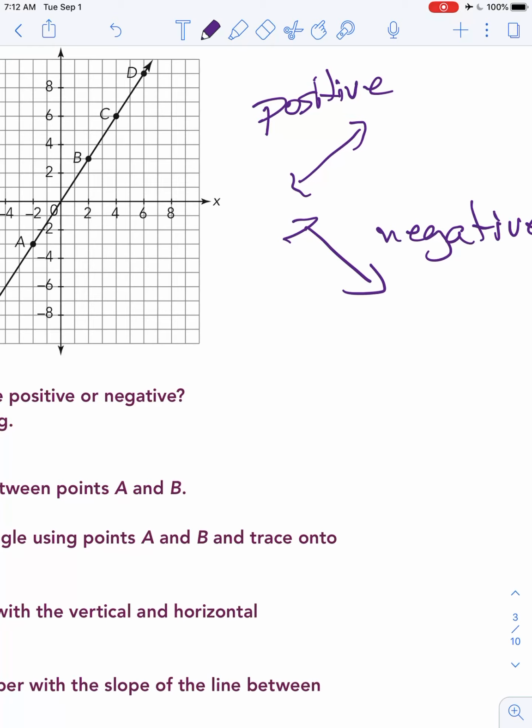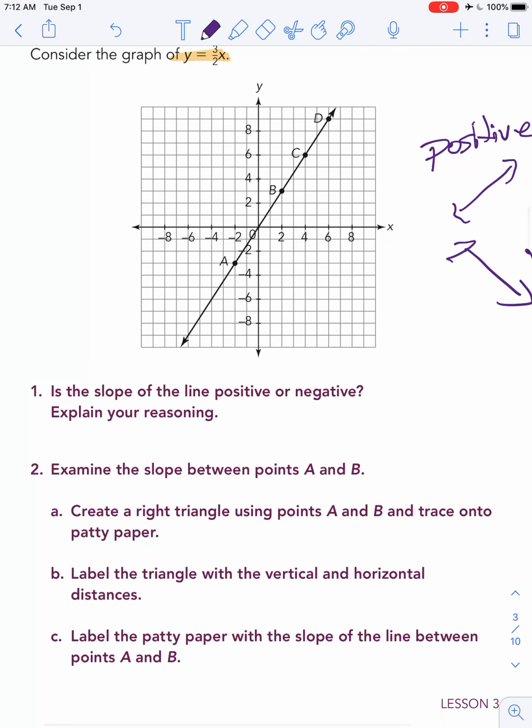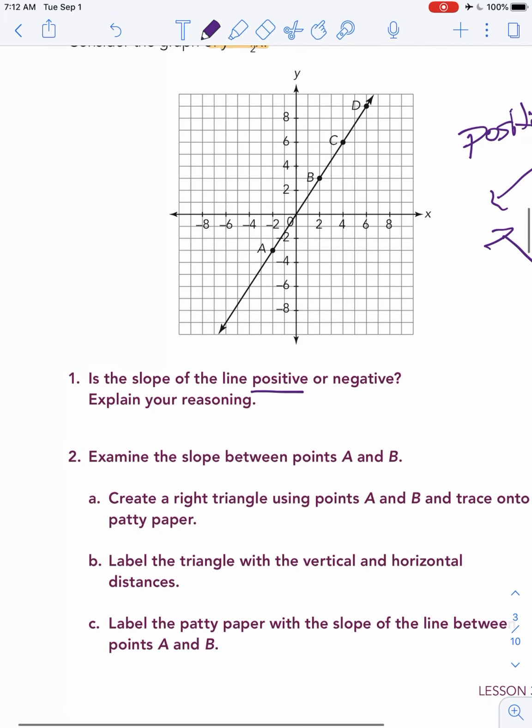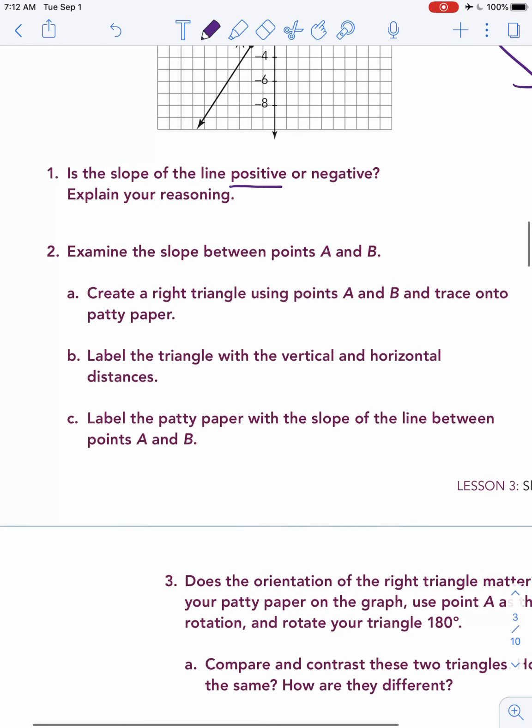If the x's are getting bigger but the y's are getting smaller, you have a negative slope. So as I look at this, as the x gets larger, the y's are getting larger. So that means that I have a positive slope. Okay? And for the explanation, I just told it to you.